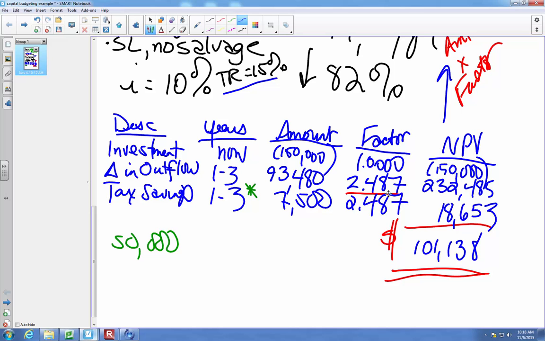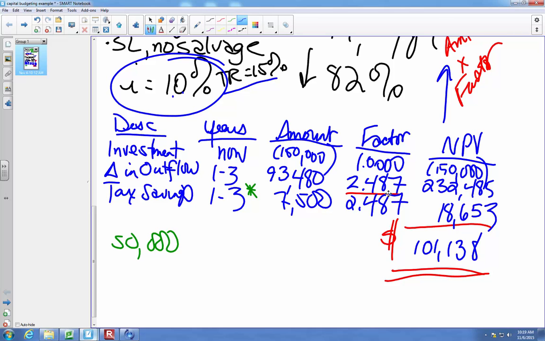Yes, you should. At 10%, you're going to make back your money plus $101,138. At 10%, I'm covering my cost of capital in property management and yielding $101,138. No brainer. What NPV tells us is that if this number is anything greater than 0, you invest in the project because you've covered your cost of capital.